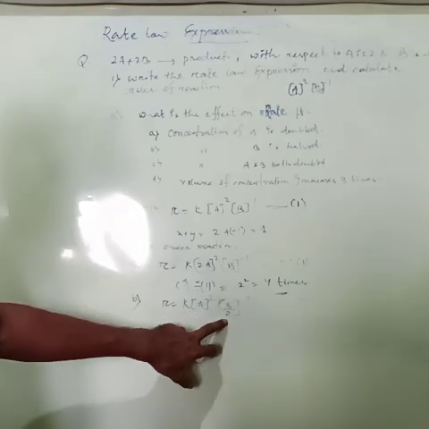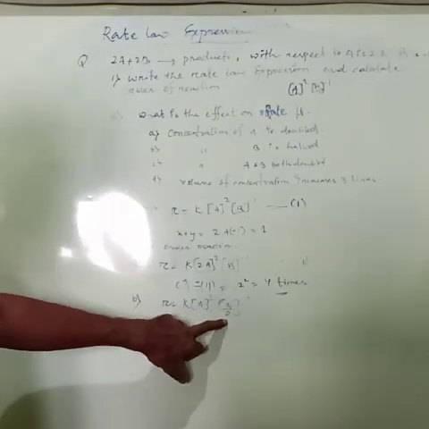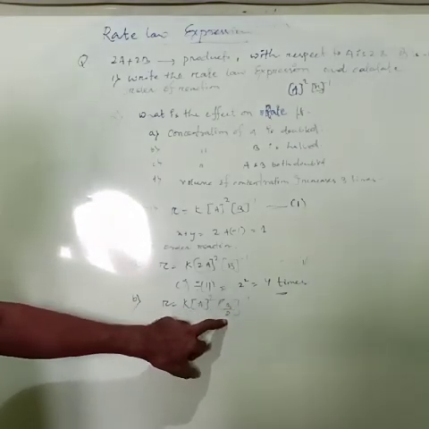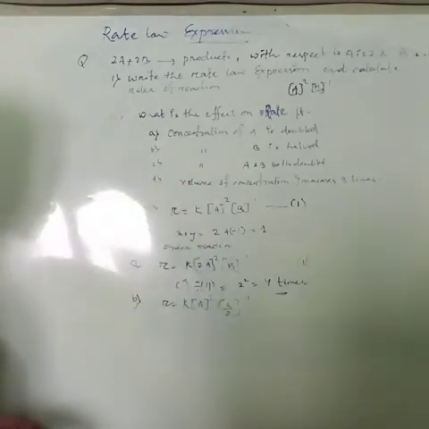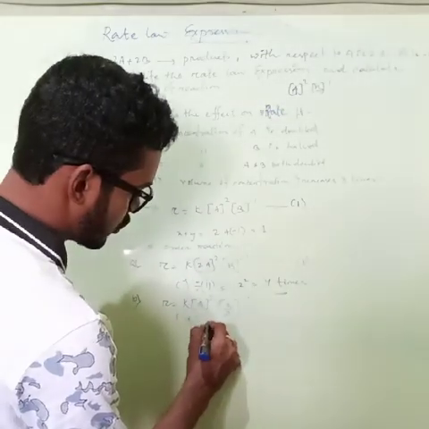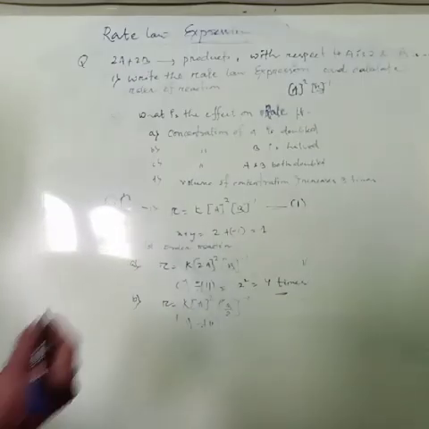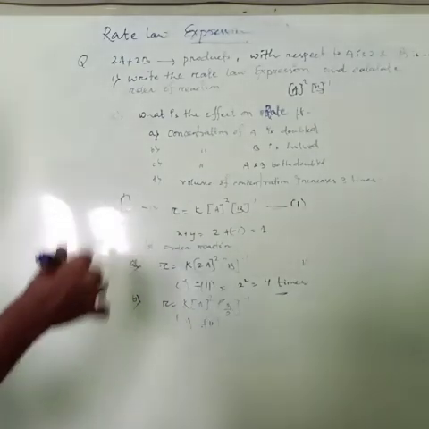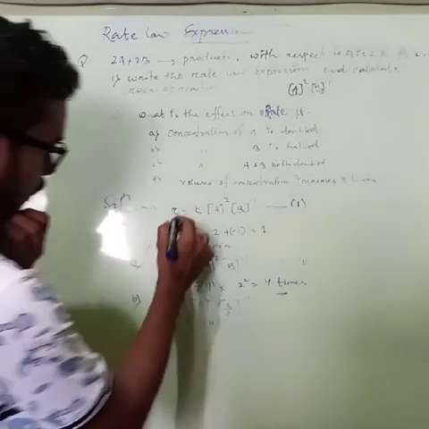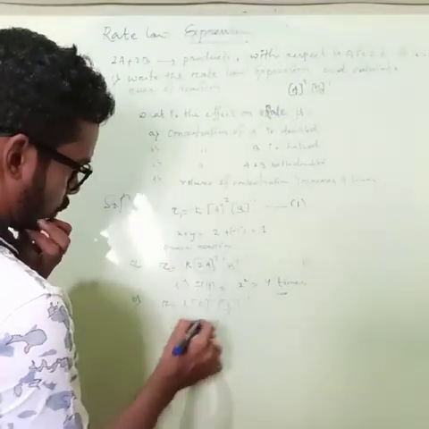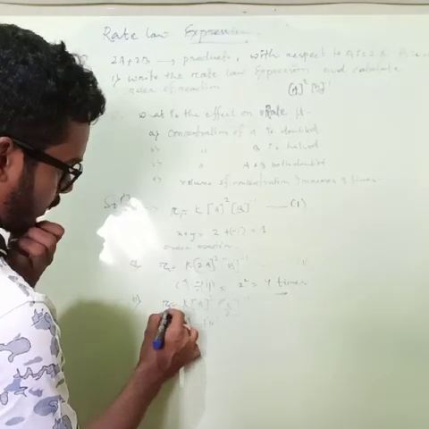The concentration is halved. Again, divide these. By dividing, k cancels, and suppose this is R1 and this is R3.